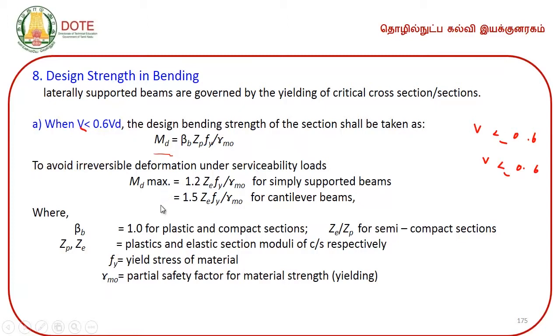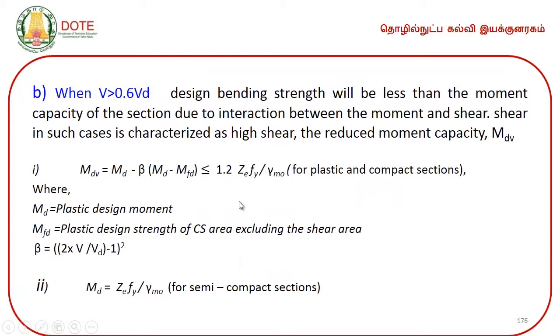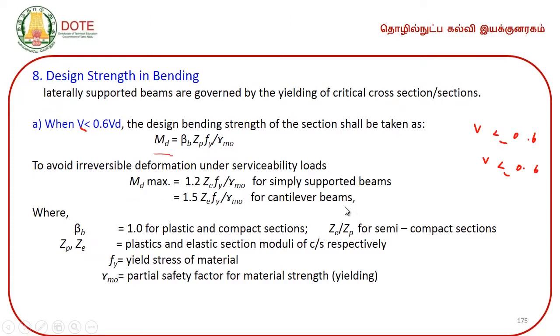So, M d max, or design bending strength maximum or restricted, is equal to 1.2 times Ze Fy by gamma m naught for simply supported beams, and 1.5 times Ze Fy by gamma m naught for cantilever beams.